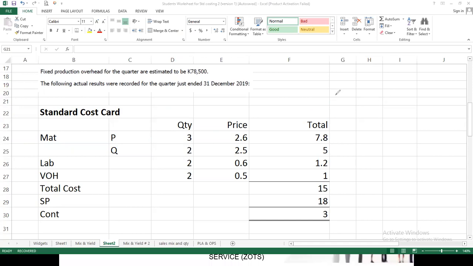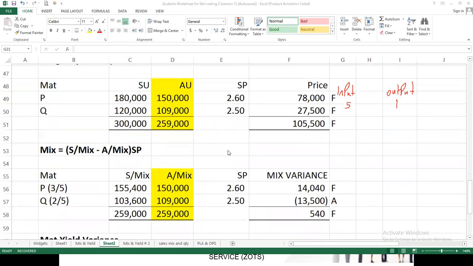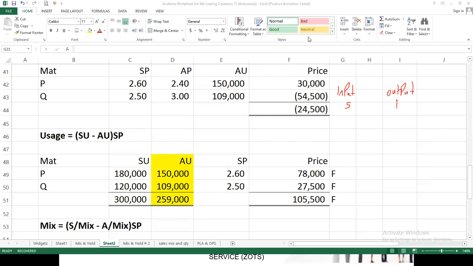So the input is here and the output is there. Now this time around, what did you put in? Let's look at what we put in. 259,000. So if you put in 259,000, how much should you get out?